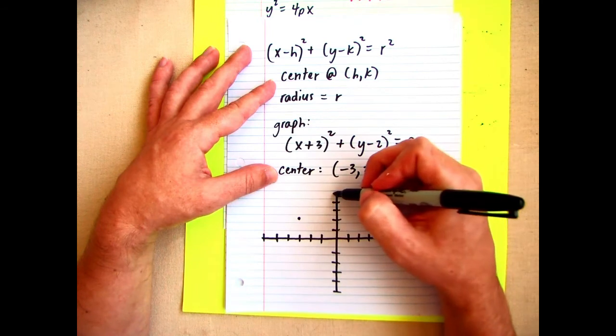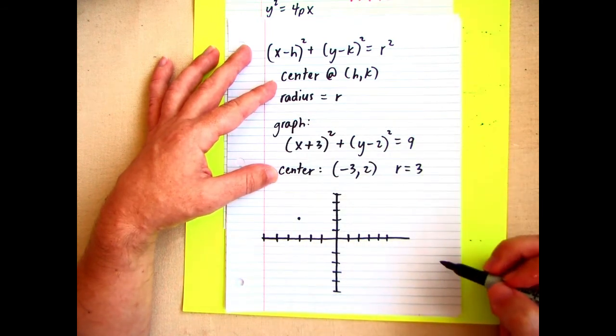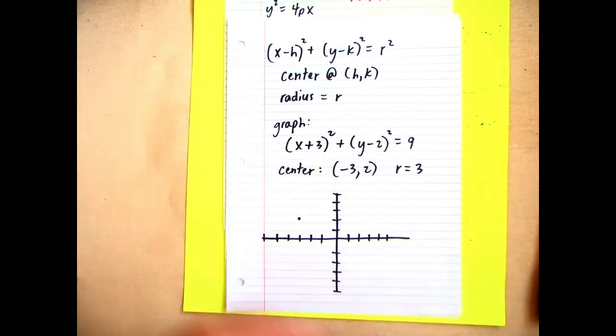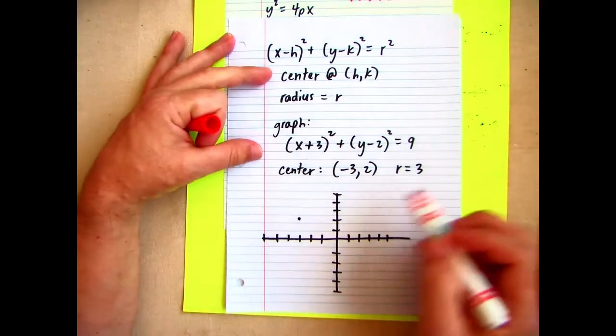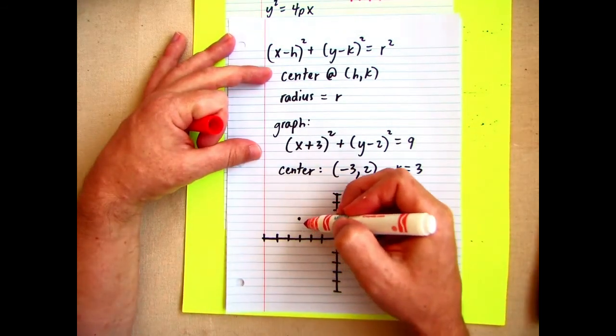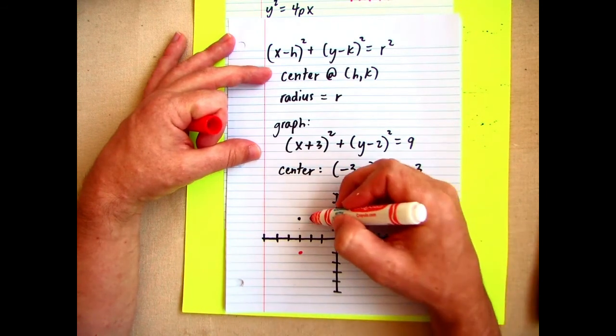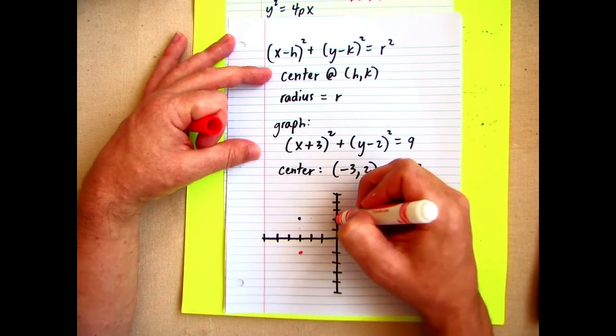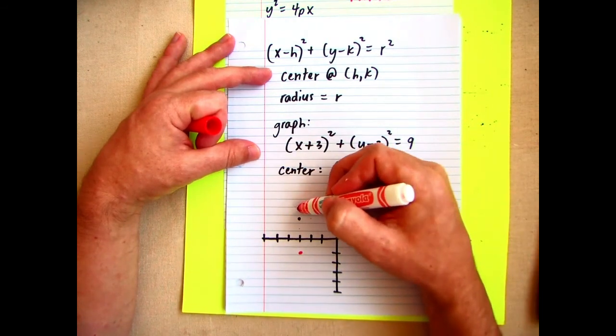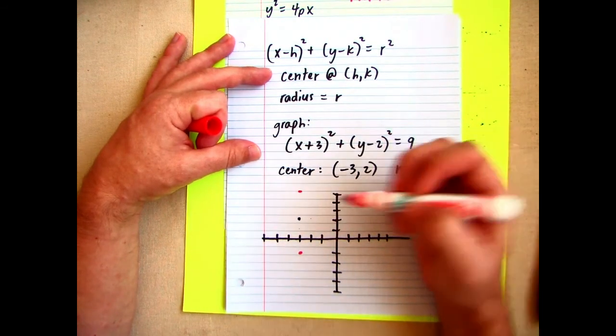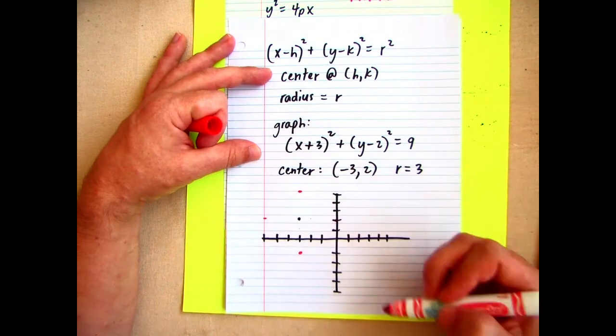And what I would do is I would just go 3 units north, south, east, west. That's pretty much as simple as you can make it. So just go north, south, east, west, 3 units from the center. That'll be 4 points on your circle.